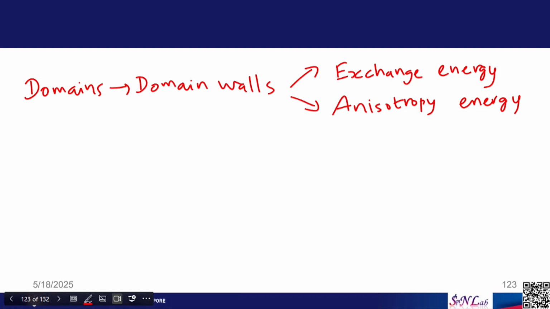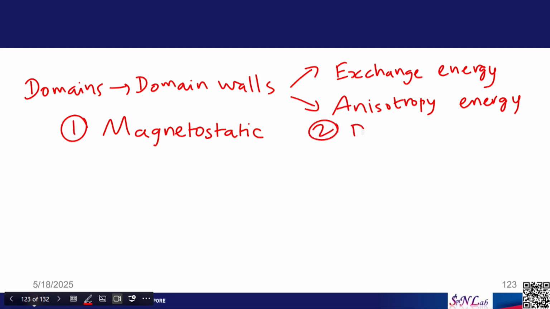Okay, so, when we have domains, there are two kinds of energy. One is the magnetostatic energy, the second one is the domain wall energy. A system always wants to minimize the total energy.